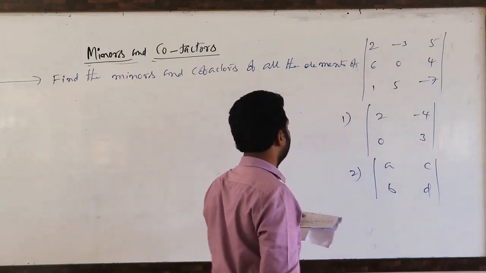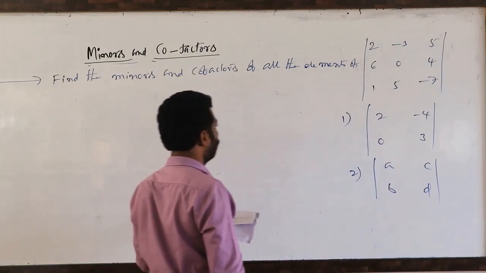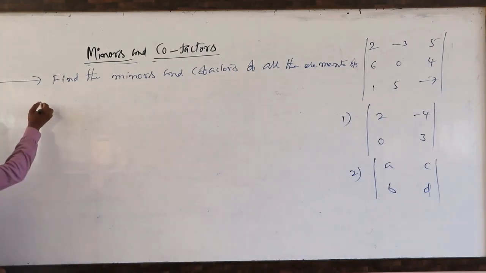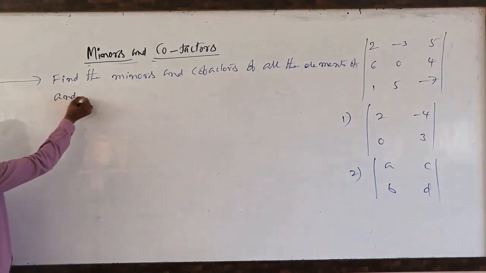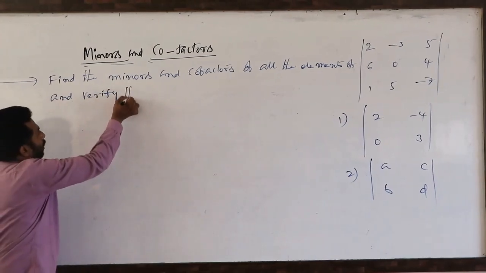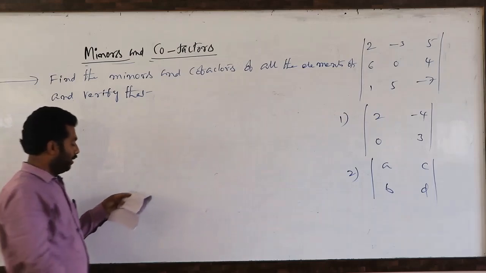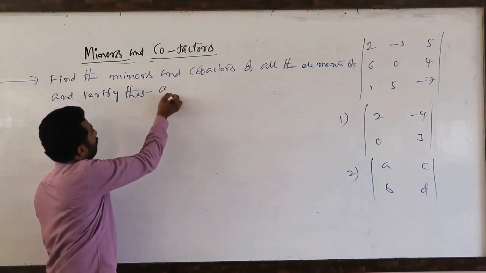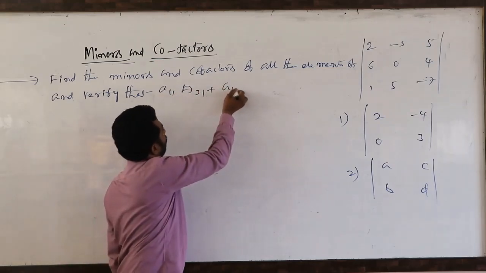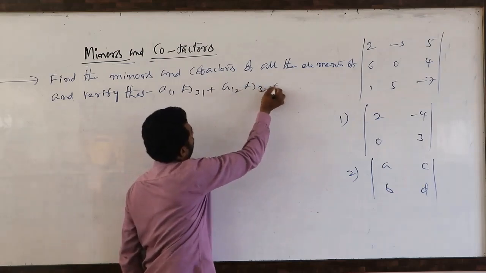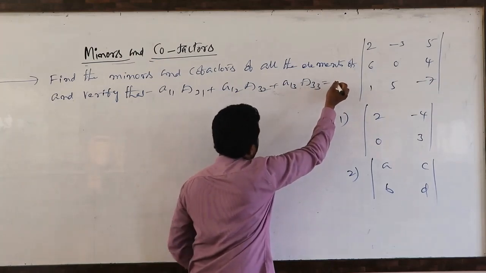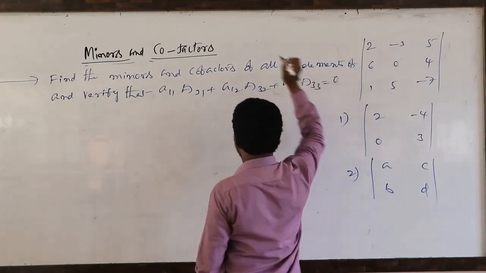See that? 2, minus 3, 5, 6, 0, 4, 1, 5, minus 7, and verify that A11 A31 plus A12 A32 plus A13 A33 must be equal to 0. We have to prove.